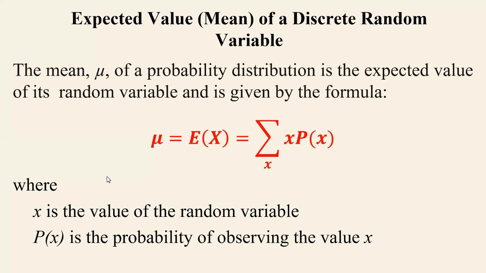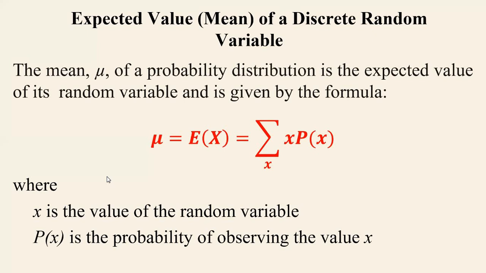Then when we are looking at the probability distribution, it lists all the numerical values of a random variable and its corresponding probabilities. By a table we can list the discrete probability distribution. To present the discrete probability distribution, there are four methods we can use.